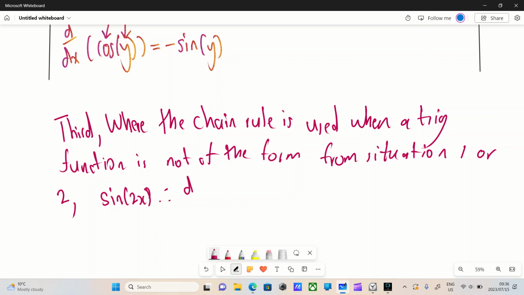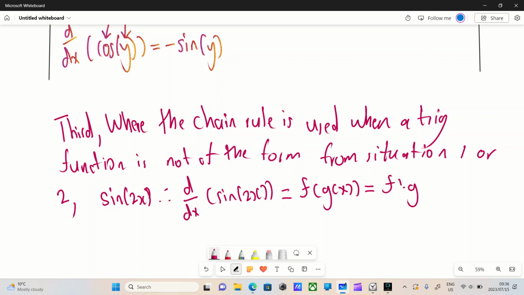Therefore, the derivative of this, sine 2x, would be the derivative of some function f, which takes as parameter some function g, which would be the derivative of f of g multiplied by the derivative of g.